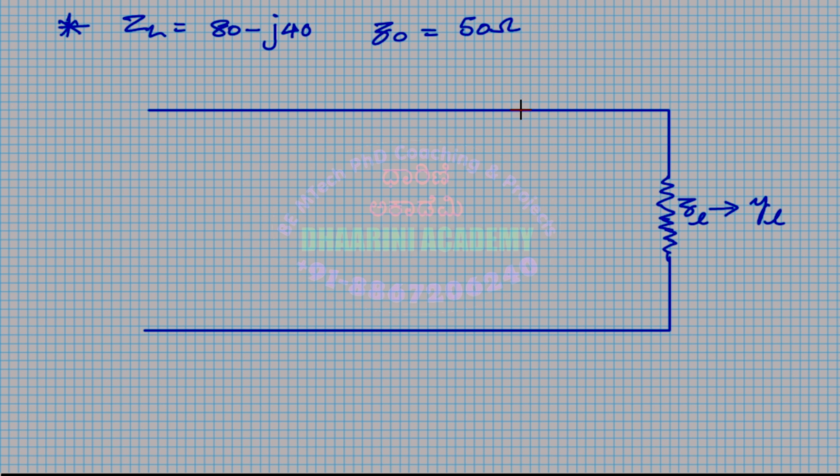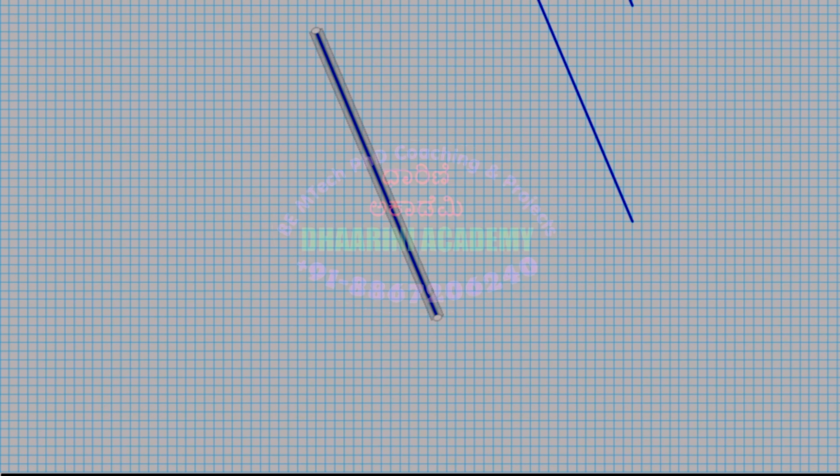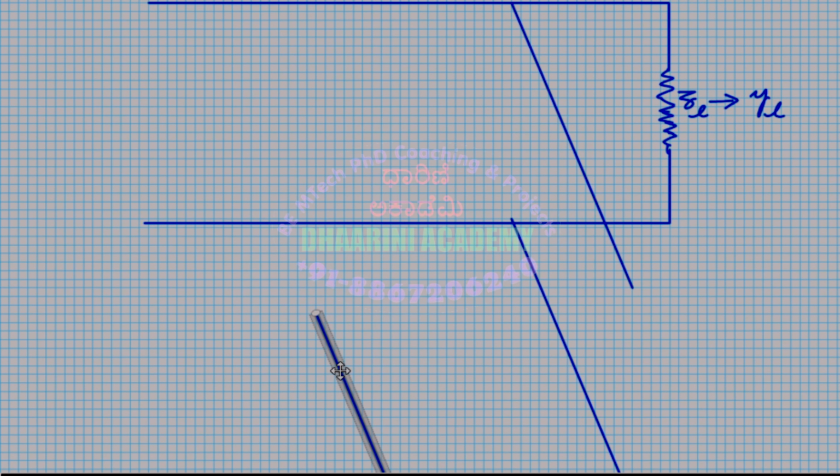So let me assume that I'm connecting one stub here. So this is the first stub. So I'm also connecting that to maybe over here. Let's assume this is the other stub.